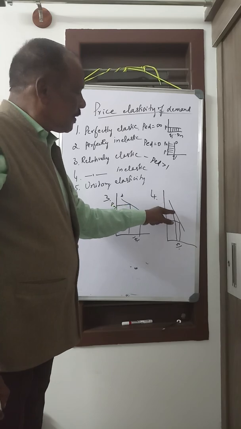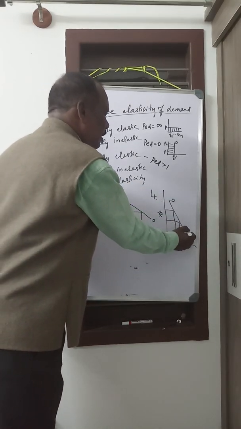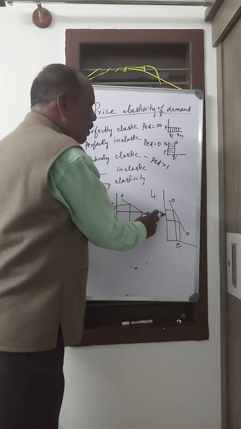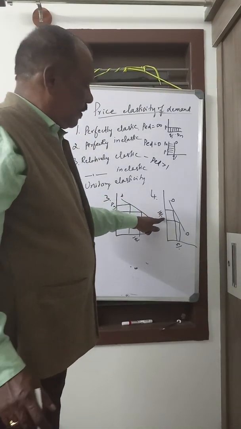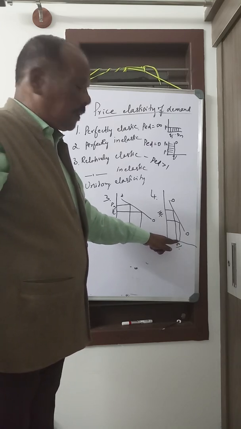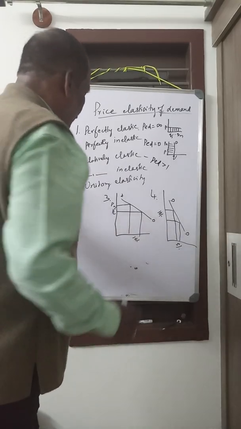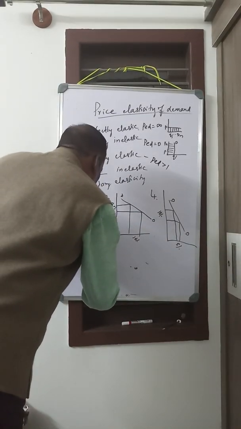Here this is steeper. This is the demand curve. Demand curve is steeper. So larger quantity of change in price leads to a smaller quantity change in demand.